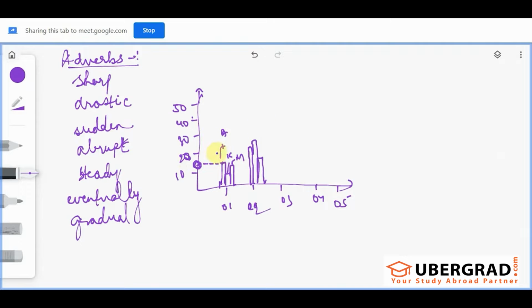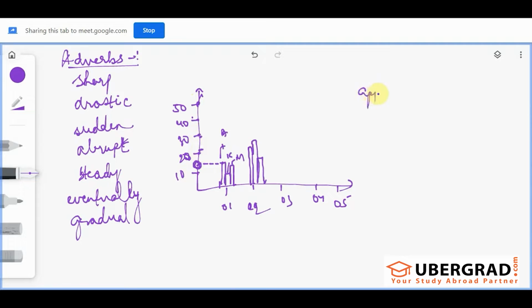Whenever the point is exactly at a mark, you know that this is 30, this is 40, this is 50, this is 20, this is 10. But if it is not exactly at this mark, even if it is a little bit above it or a little bit below it, you cannot write that it is 30 or 20. So what are the words that you should use?